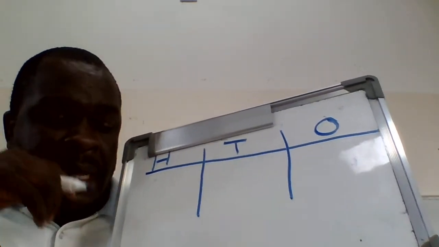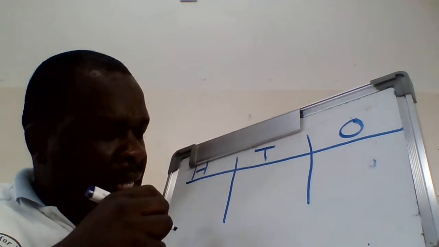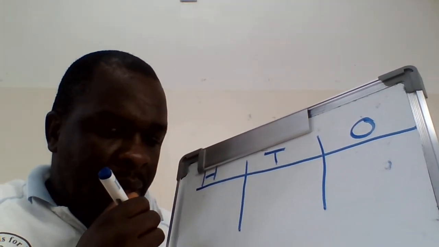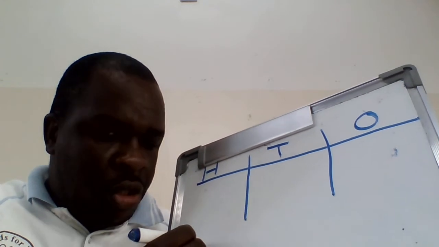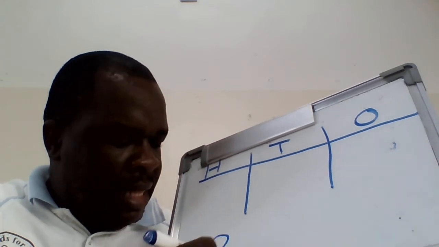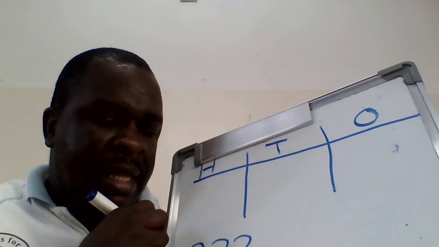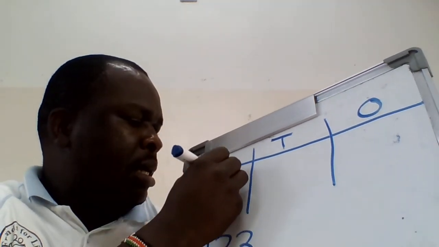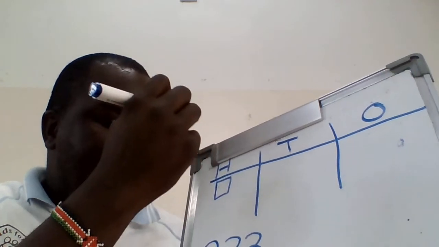Then there is a number that has been placed there. And this number is 233. But the number has not been placed fully.